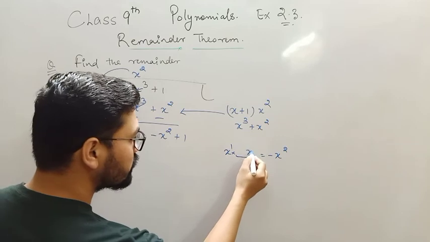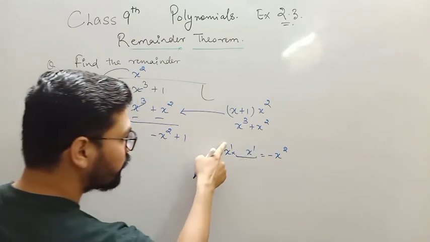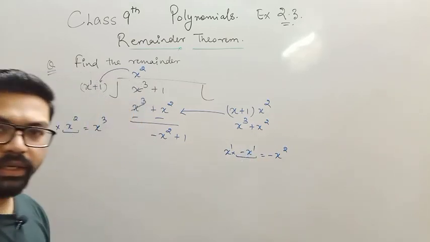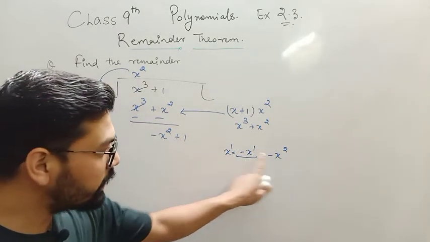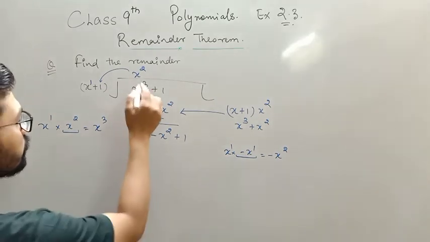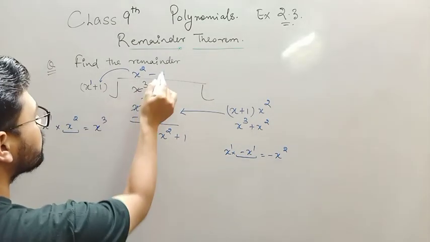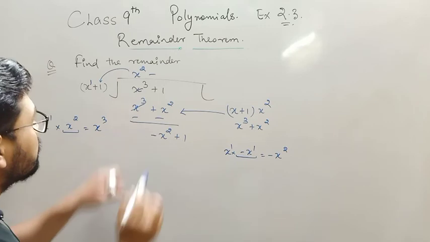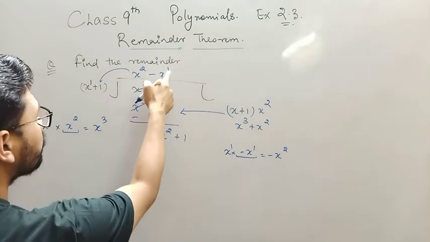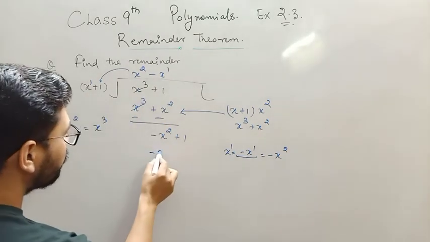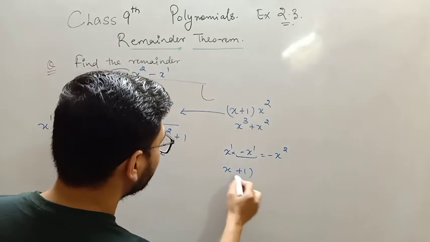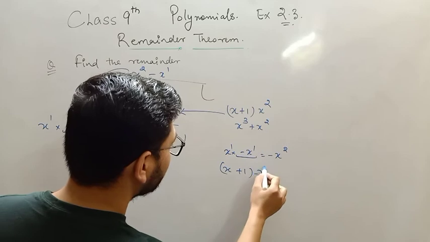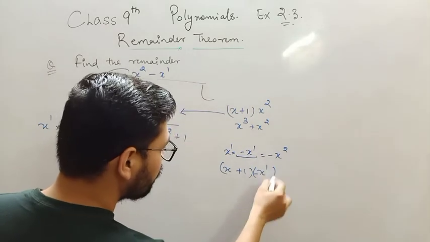So first you just multiply x to the power 1, 1 plus 1 is 2, and there is one minus sign. So when you multiply minus x with x, you will get minus x square. So I'll just take minus x to the power 1. So x to the power 1 into x to the power 1 will give you x square. Like here, x plus 1 into minus x, what you will get?